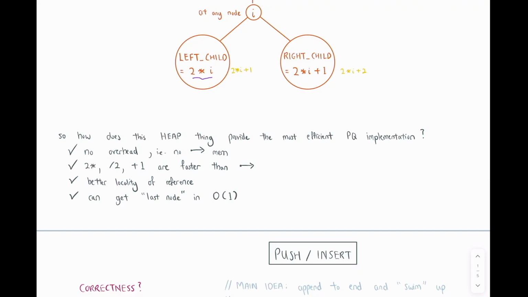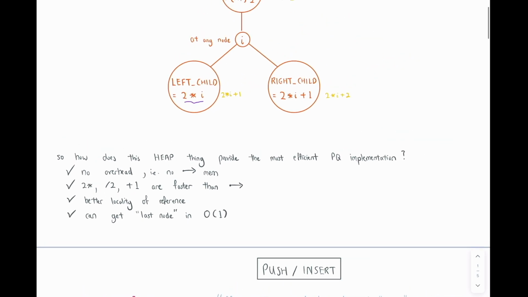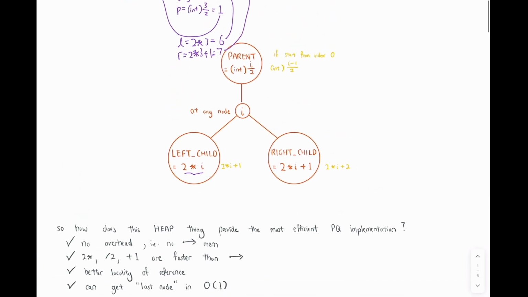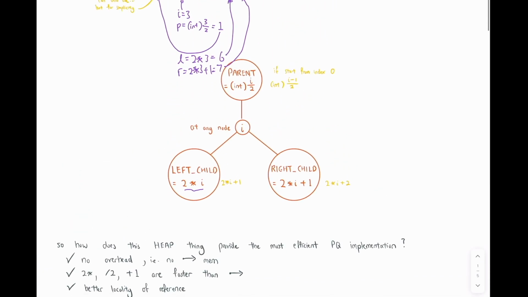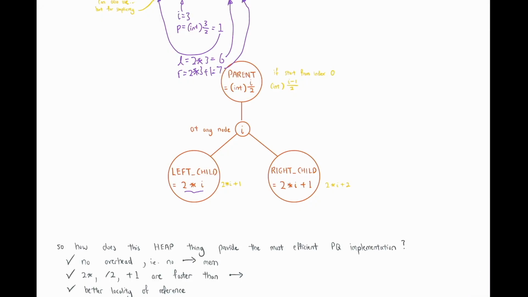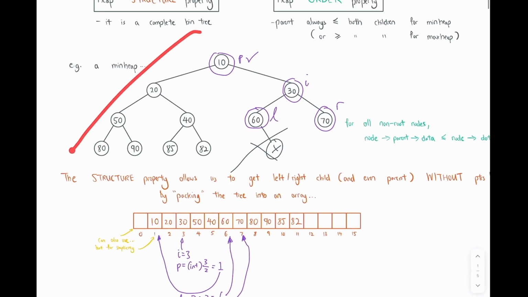So how does this provide the most efficiency? Firstly, we observe that there's no overhead in terms of pointers, so there's no extra data that needs to be stored. If I were using a linked list kind of concept, I would need a pointer variable from this particular structure to point to this, and to this.